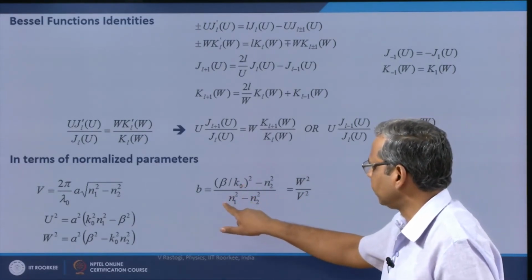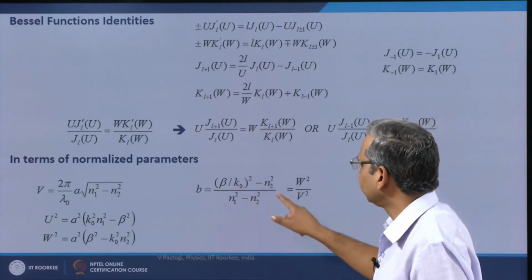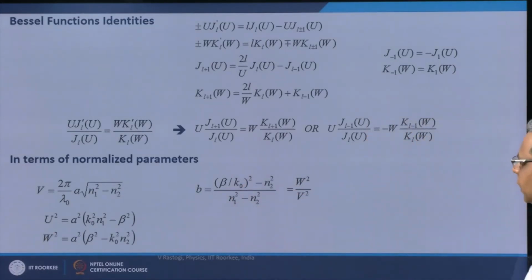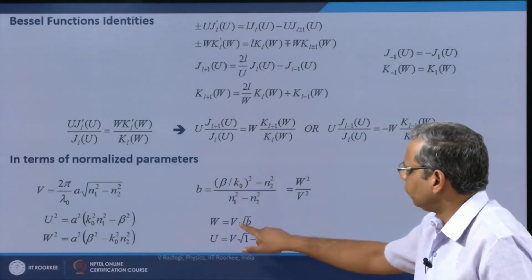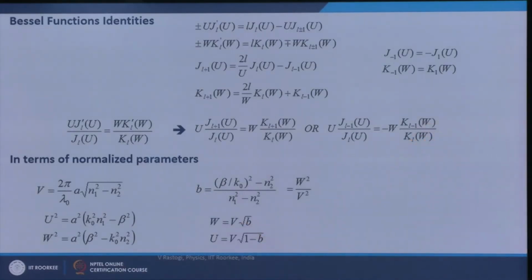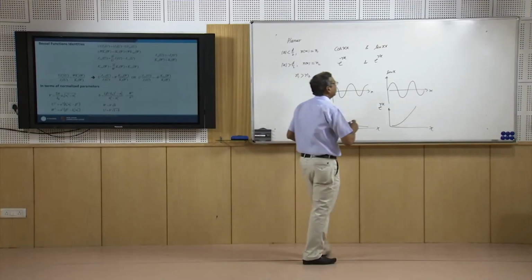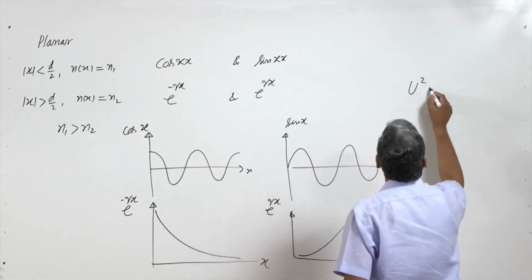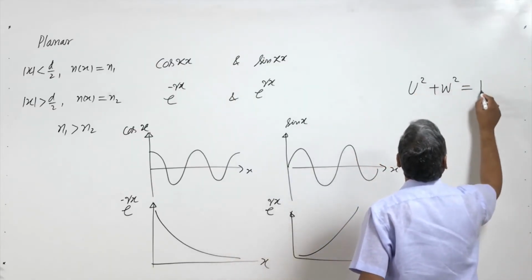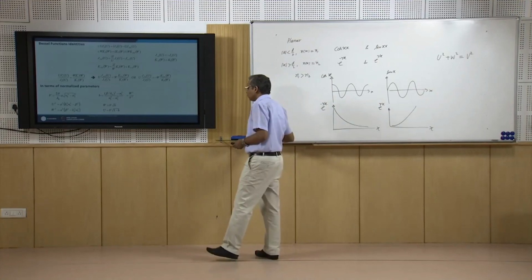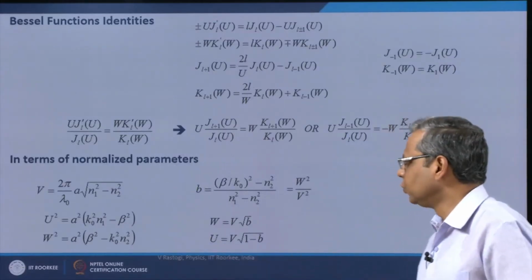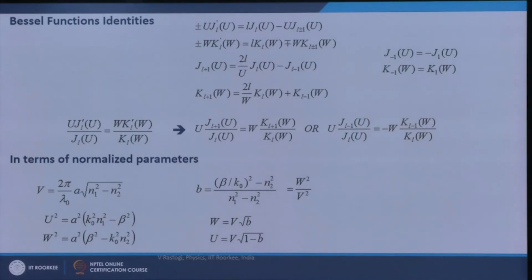If I take k naught square downstairs and multiply the numerator and denominator by a square, it becomes W square over V square. So I immediately get W equal to V times the square root of b, and I already have from the previous slide that U square plus W square is equal to V square. Then I immediately get that U is equal to V times the square root of 1 minus b.